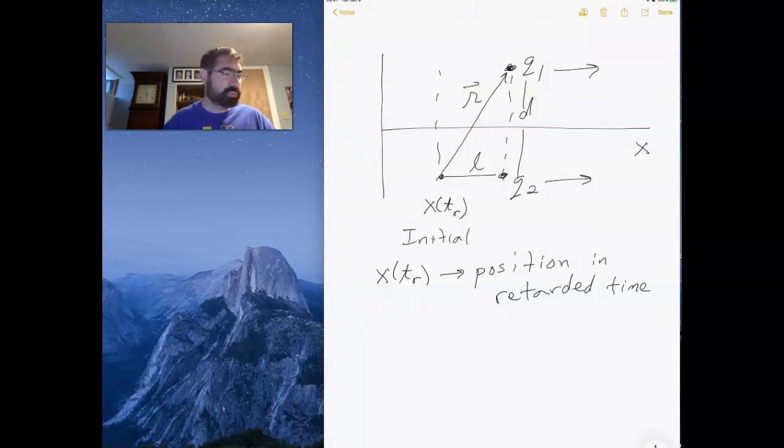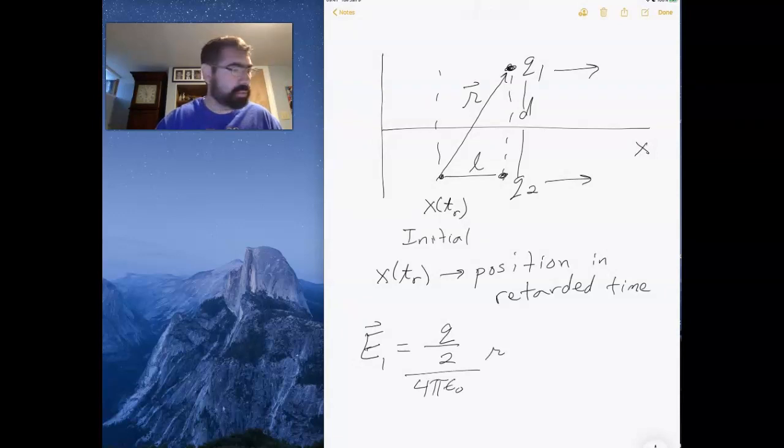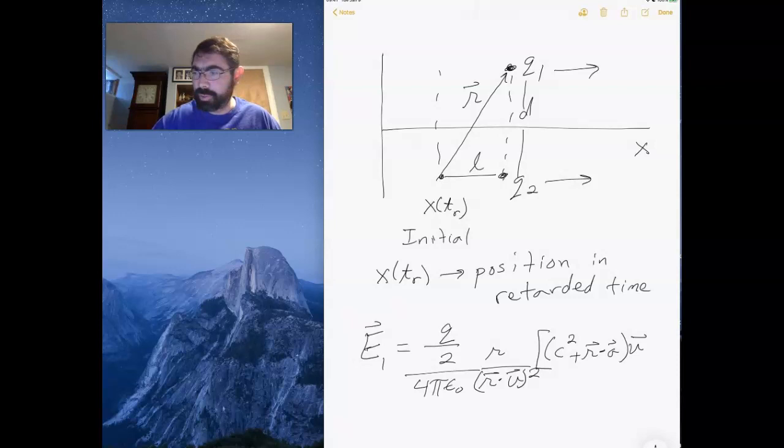The electric field of charge 1 is going to be Q over 2, over 4 pi epsilon naught, script r over (script r dot u) squared, times (c squared minus u squared) u plus script r cross (u cross a)... that is, script r dot a times u minus script r dot u times a.